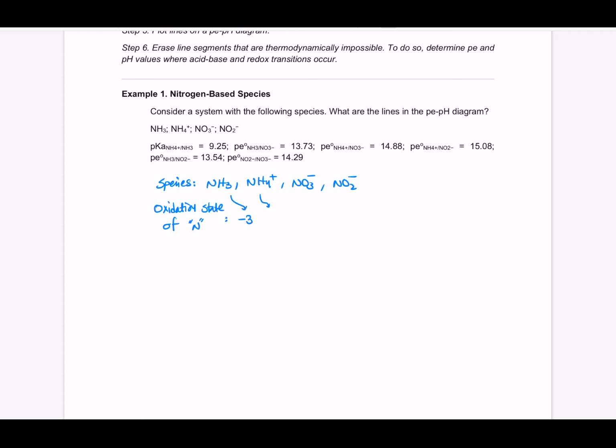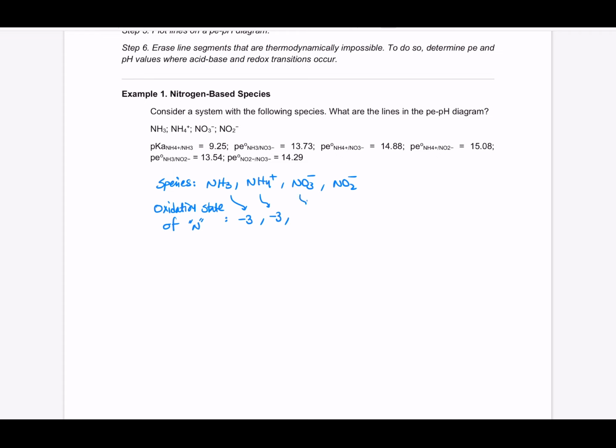In ammonium, minus 3. So before we proceed, are we expecting a redox reaction that in one hand involves ammonia and the other hand ammonium? No, because the oxidation state didn't change. But the number of proton changed, so we're expecting an acid-base reaction between the two.